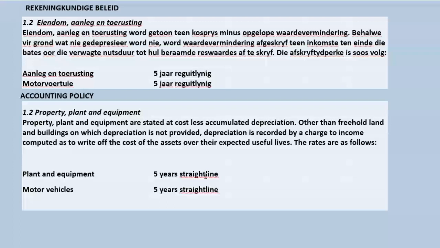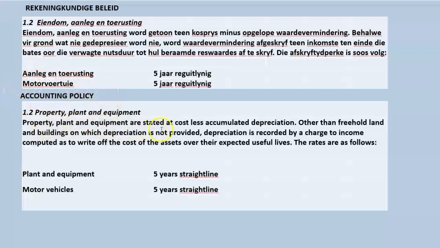So, as the user of the financial statements, I would like to be able to do the necessary adjustments so that I can compare apples and apples, if I put them all on the same footing. Therefore, it's important that we have an accounting policy note on property, plant and equipment.